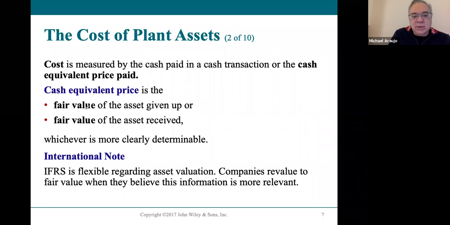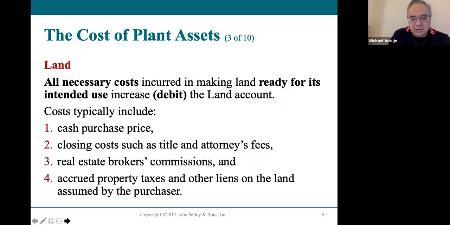This is especially noted internationally. What we look at in terms of fair value on our balance sheets is, are we overstating the real value of the asset or are we not? This has to be balanced with the historical cost principle that we look at.